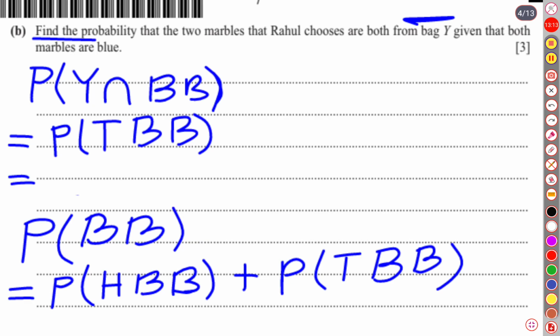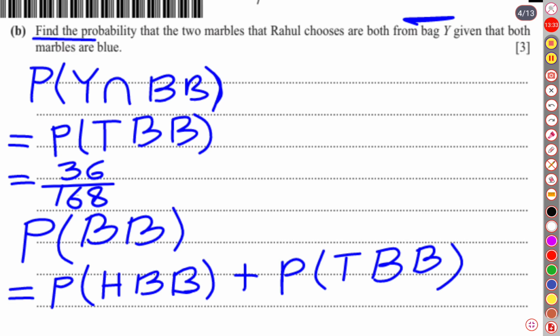It is 36 over 168. Well, if both of them are blue, it might be picked from the first bag obtaining H, or it might be picked from the second bag obtaining tail.